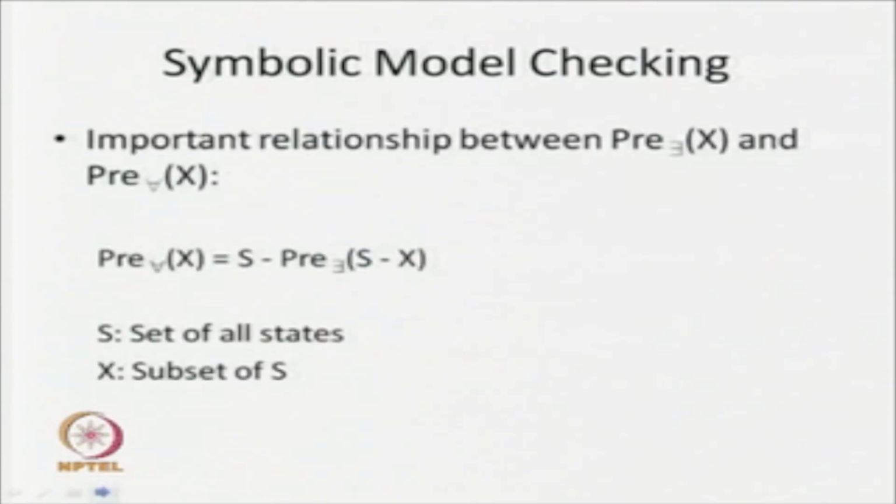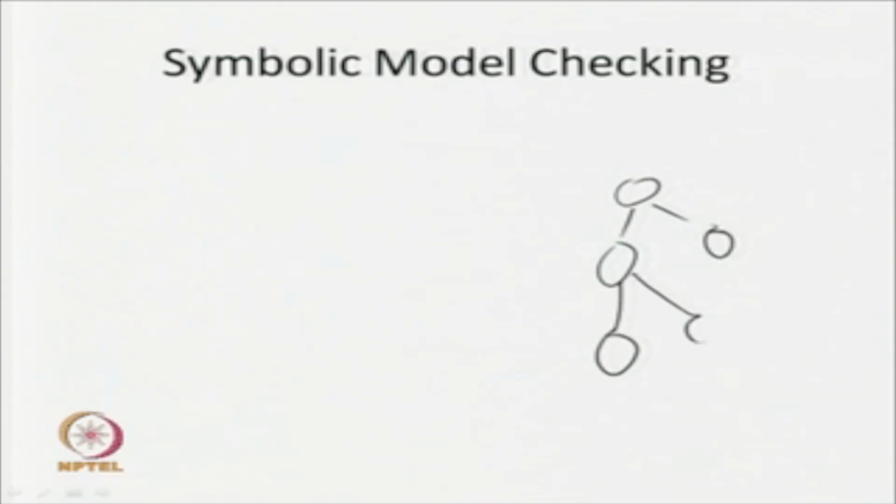So, we have to somehow find the predecessor state. Let me consider this particular system: S0, S1, S2, S3, S4, S5, and say that the atomic proposition P is true in S3 and S4.